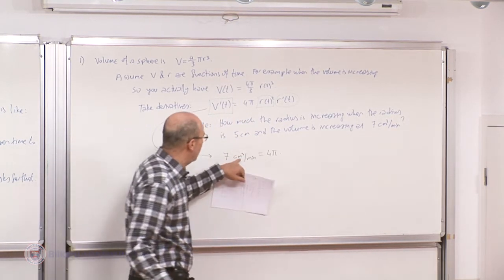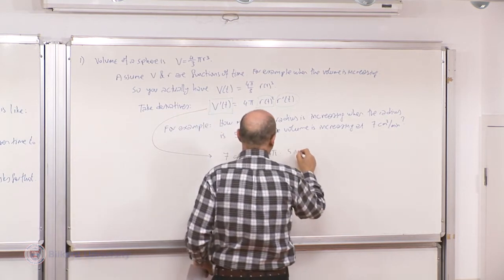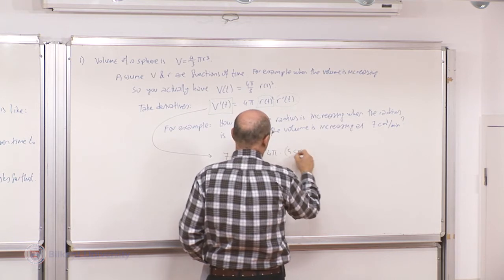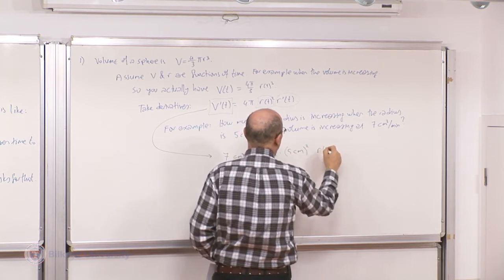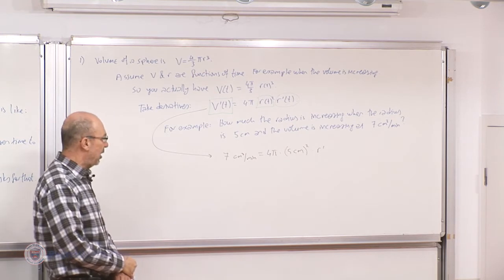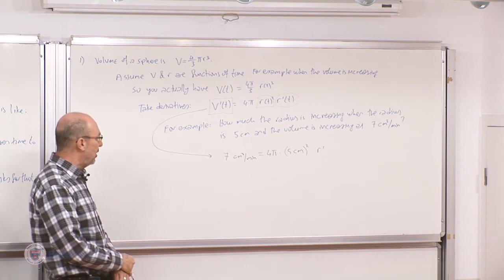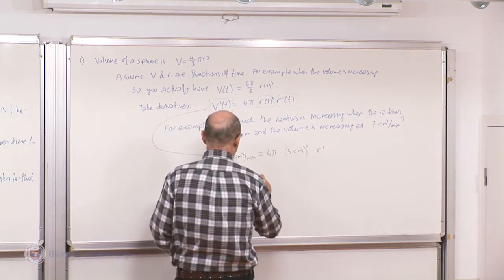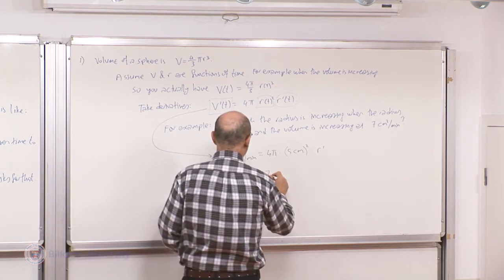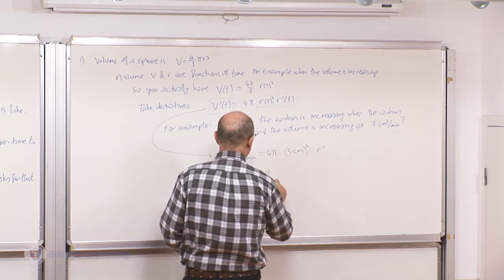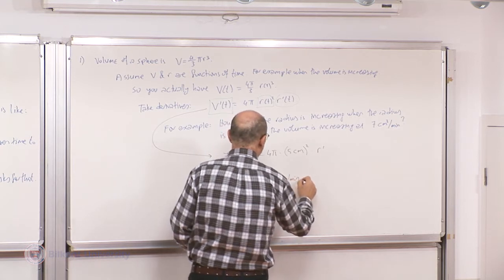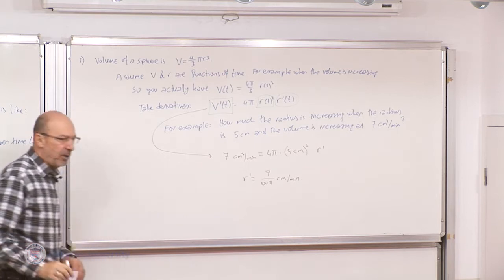Since I started to write the units, the radius is 5 centimeter. I'm taking the square and R prime. So you see that R prime is already there. Centimeter squares cancel. So R prime is equal to 7 over 100 pi centimeter per minute. Okay, so R prime is this.